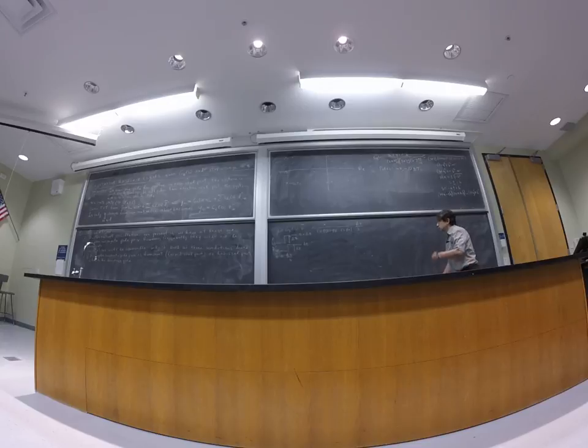So, using partial fractions expansion, we're going to get something over s minus p1 plus something over s minus p2 plus something over s minus pn plus something over s from that.